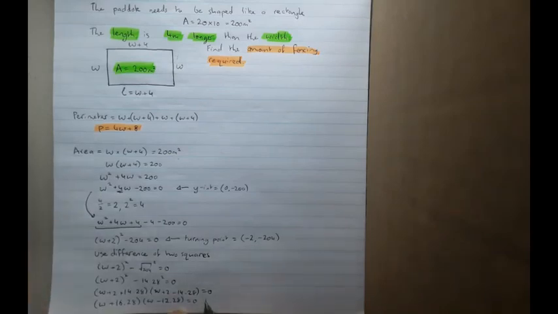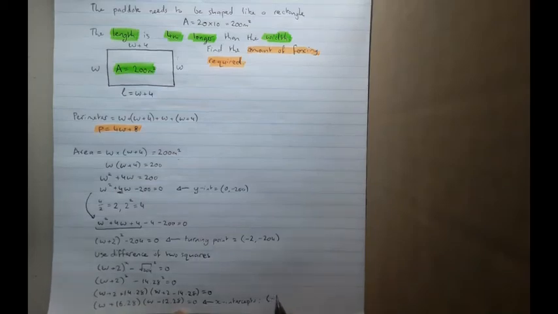And from this line, we can find our x-intercepts. Remember, there's 2 of them because I got 2 brackets. This one's going to be negative 16.28, comma 0. And this second one's going to be positive 12.28, comma 0.